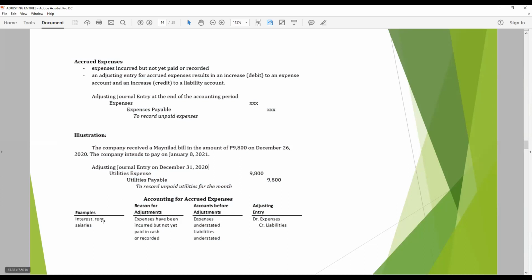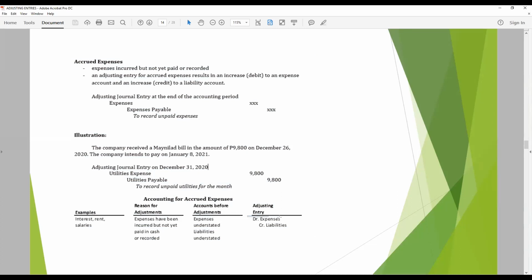Okay? So, example, interest, rent, and salaries. So, reason for adjustments, expenses have been incurred but not yet paid in cash or you did not record in your books yet. So, accounts before adjustments, expenses are understated and liabilities as well are understated. So, the adjusting entry will be debit expense, credit liabilities.